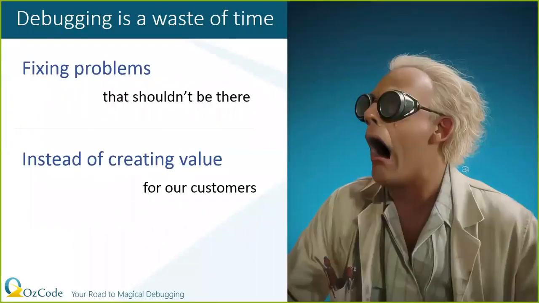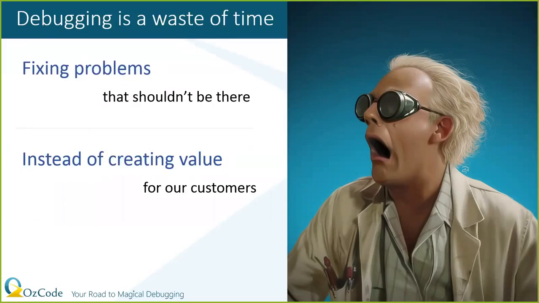Before we start, I'll explain the rationale behind Ozcode. The rationale is that while you're debugging, you're essentially wasting your time and your organization's time. Every single minute that you spend using the debugger is basically a minute that you squandered away. You weren't writing a new feature.